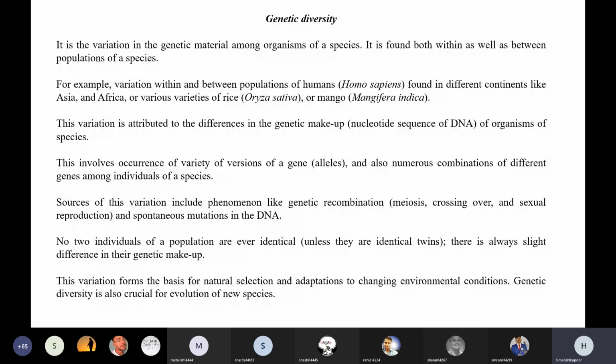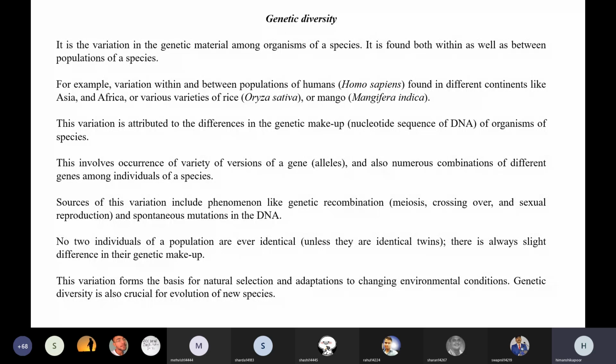How do these mutations occur in the DNA? Do you have any idea? It could be because of physical factors like radiations. The environment we are exposed to makes us vulnerable to mutations in the DNA, and mutations always occur in the DNA.